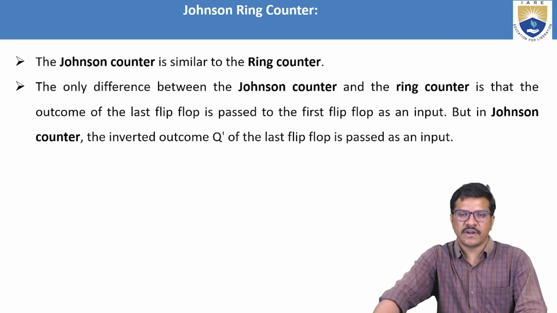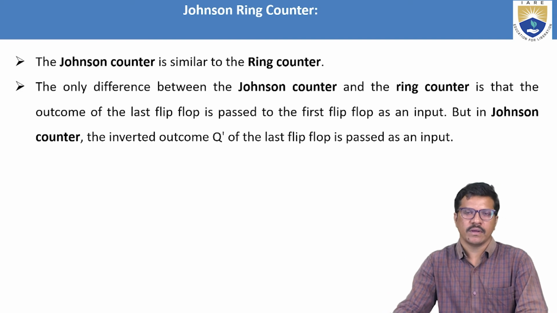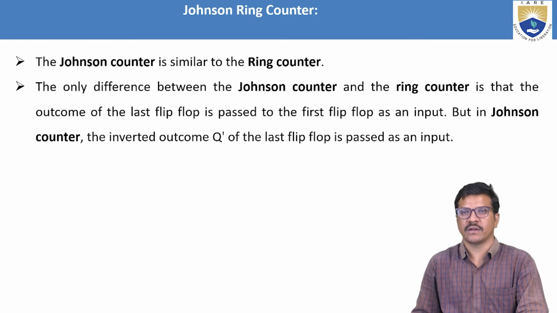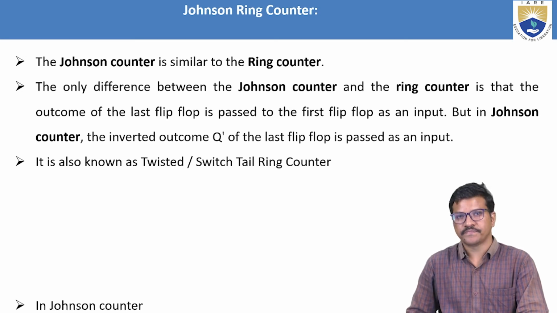The feedback connection from the Q is called a ring counter. The feedback connection from the Q bar is called a Johnson counter or twisted ring counter. It is also known as a twisted or switch tail ring counter.